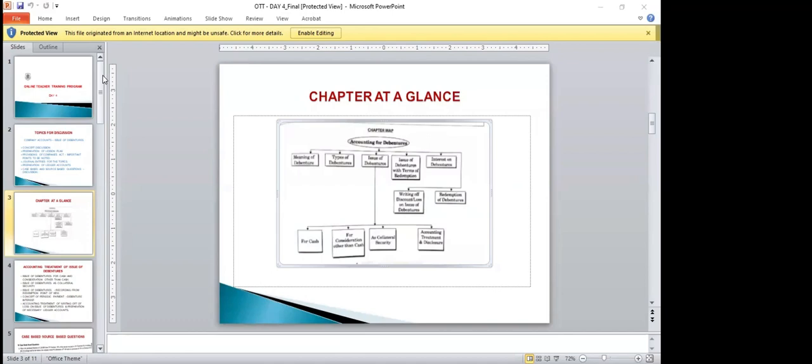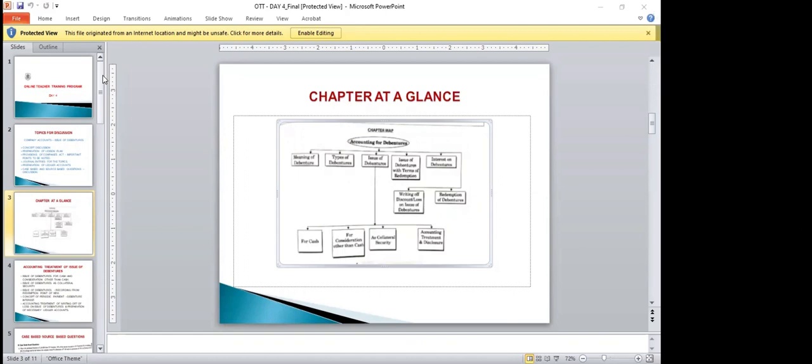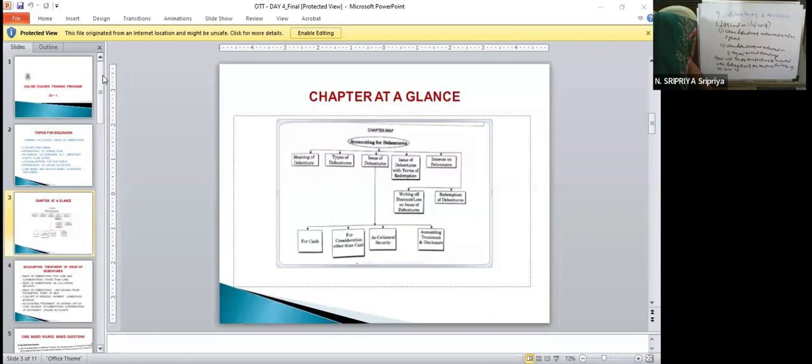That is the beginning of the year. On 1/4/2022, it will automatically come to current liabilities. That is current maturity of long-term borrowings. So it will come under current liabilities and you will repay the debentures on 31st March 2023.